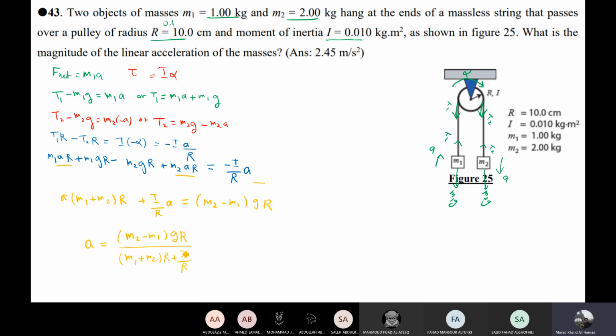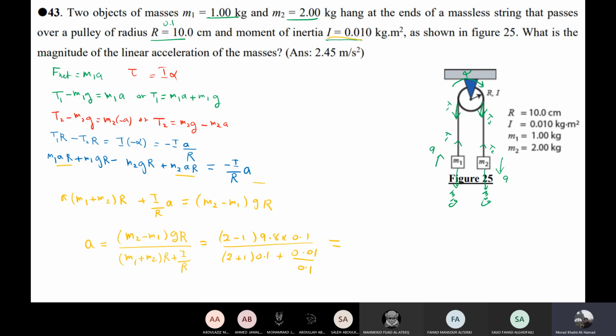Everything is given. Here I is given as a number, guys, 0.01. So we can directly substitute: 2 minus 1 times 9.8 times R, 0.1, divided by 2 plus 1 times R, which is 0.1, plus I, 0.01, over R, 0.1.